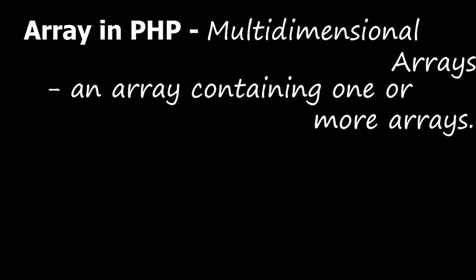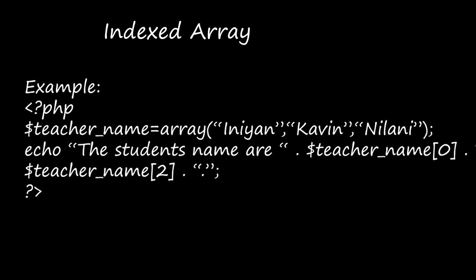First, let's see the example for the indexed array. Here they have given dollar teacher underscore name, that is the array variable, equal to array. Inside the bracket, inside double quotes, they have given the values.